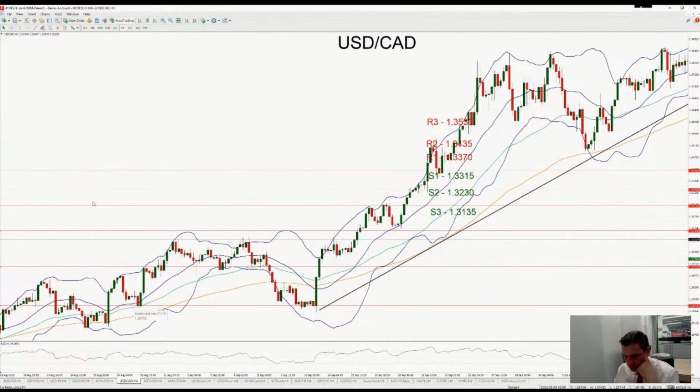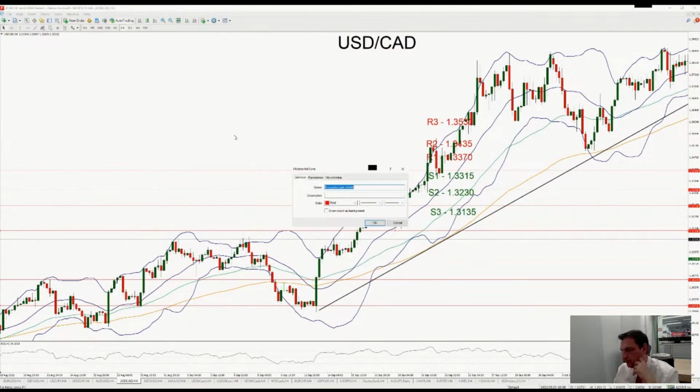You can see it here and here. But I think there's also a mid-level somewhere here, because we had the peak and the trough. It's pretty narrow, I know, I recognize it, but I'm keeping that.